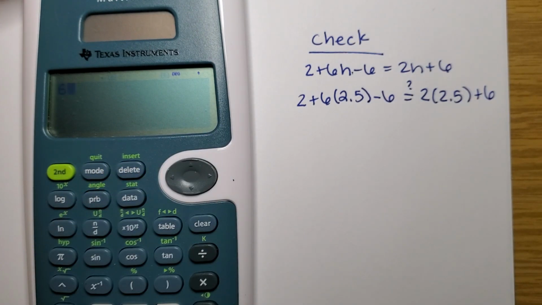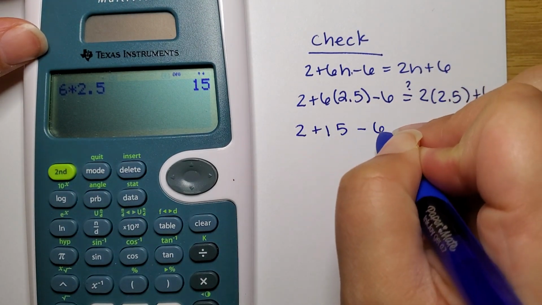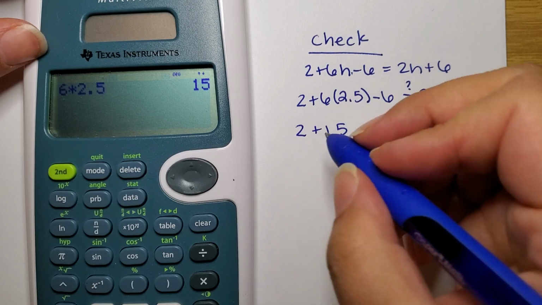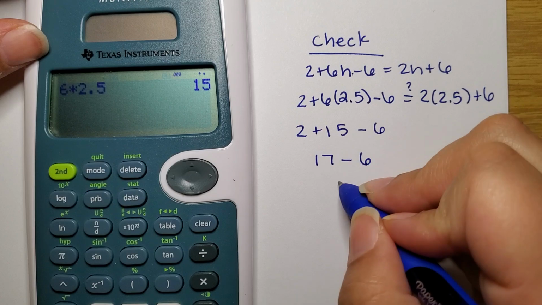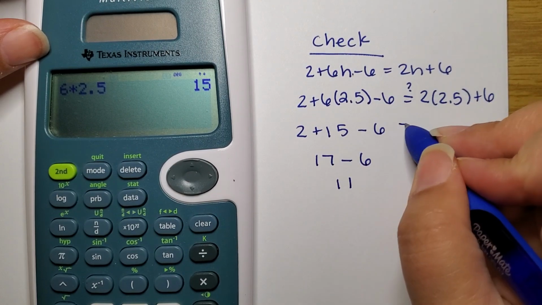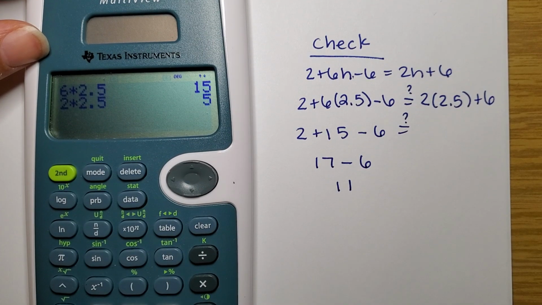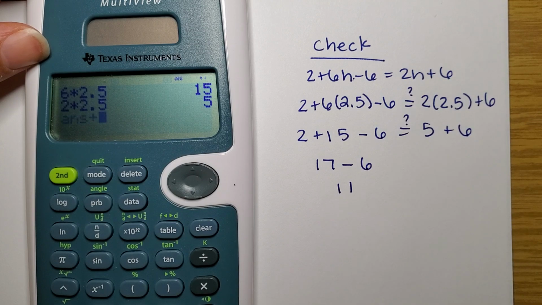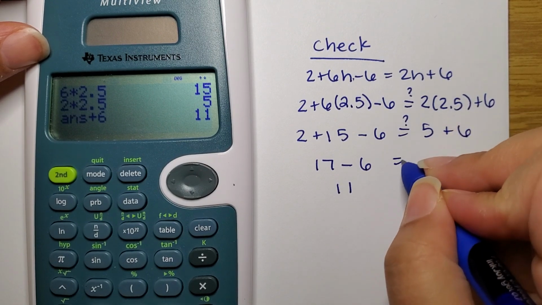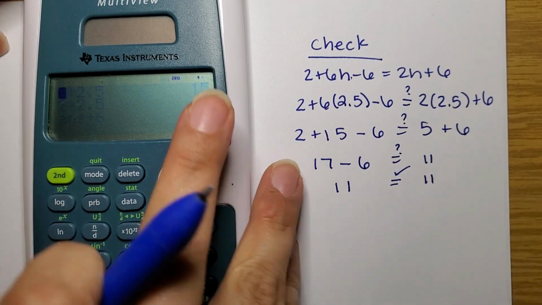Let's find out. 6 times 2.5, 15. 15 plus 2 is 17, and 17 minus 6 is 11. Two times 2.5 is 5, plus 6 is 11. Sweet, it worked out.